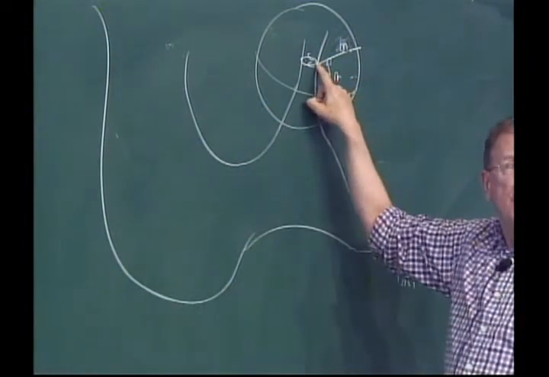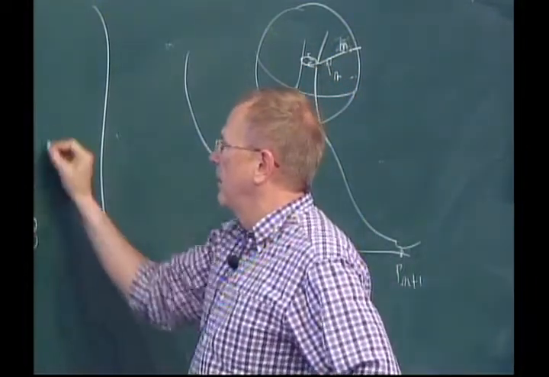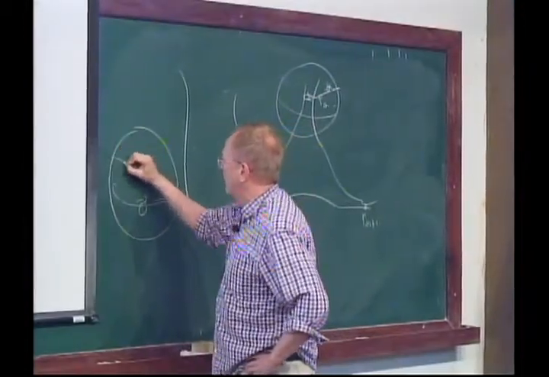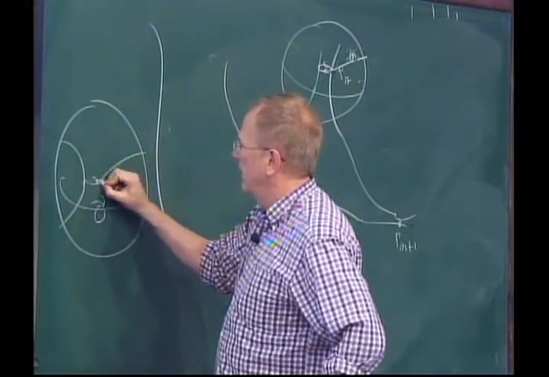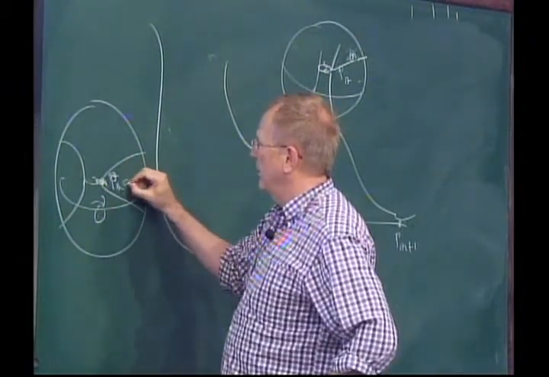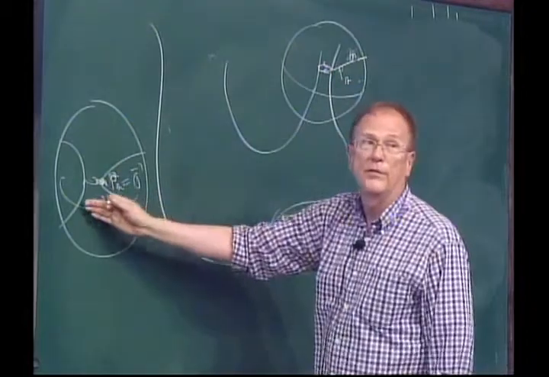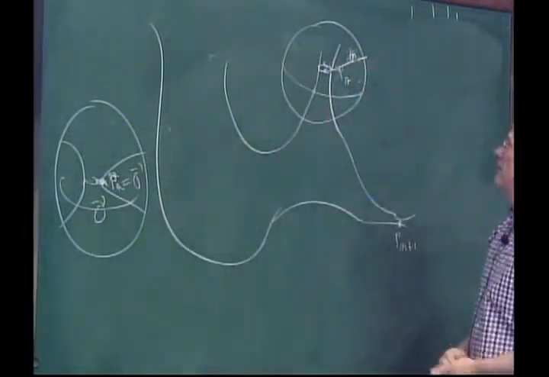Or if you want, translate the surface back to the origin. So I translate back to the origin, and now Pn is at the origin, and I have my loop. Here's Pn hat at the origin. So I can translate this ball back to the origin, or I can just try to say, what does it look like inside this ball?